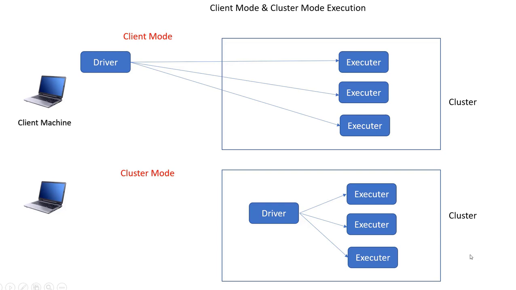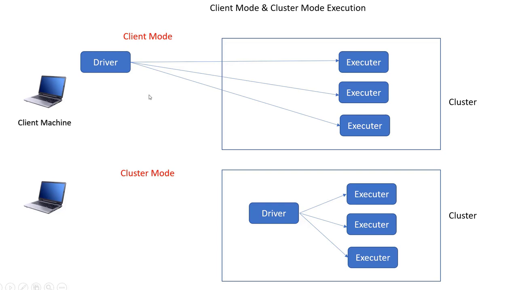So, these are the two different modes. In the client mode, we have a dependency on our local machine, because the driver is on the client or local machine. If you want to execute programs on the cluster, we have to make sure that our local machine is always up. You cannot shut it down, because if it is down, your driver is off and your program execution will halt.